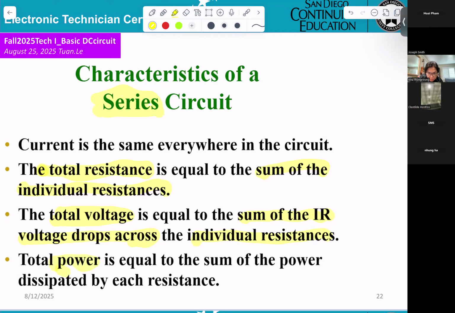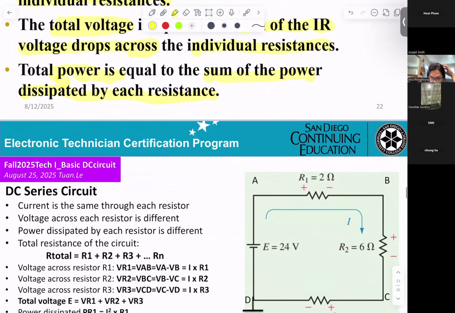Total power equals the sum of the power dissipated in each resistor. So that summarizes everything regarding the series circuit. If you get any question, anything, just stop me, okay?